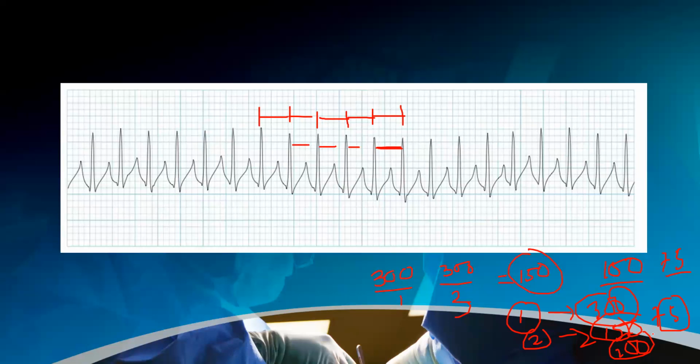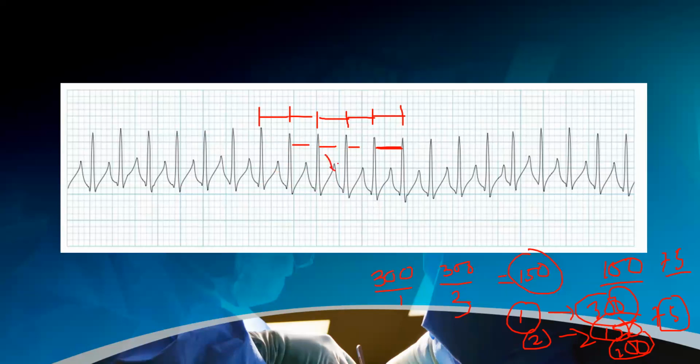Same if you are not sure about the heart rate, you can just say heart rate is increased, rhythm is irregular or regular. That's also fine. They are not going to fail you for that. So in case of SVT, obviously the heart rate will be increased, but it will be a regular rhythm.